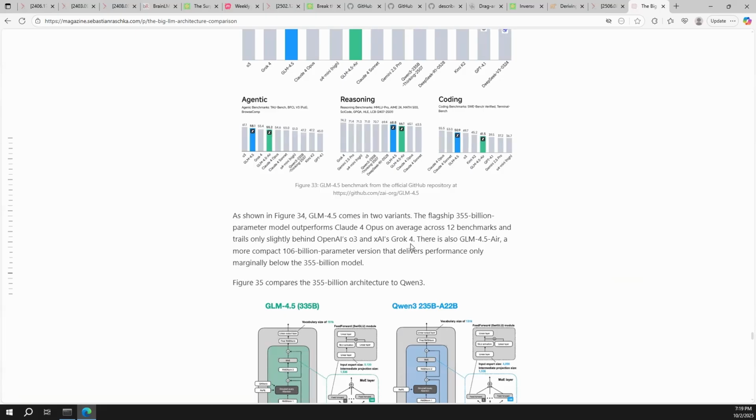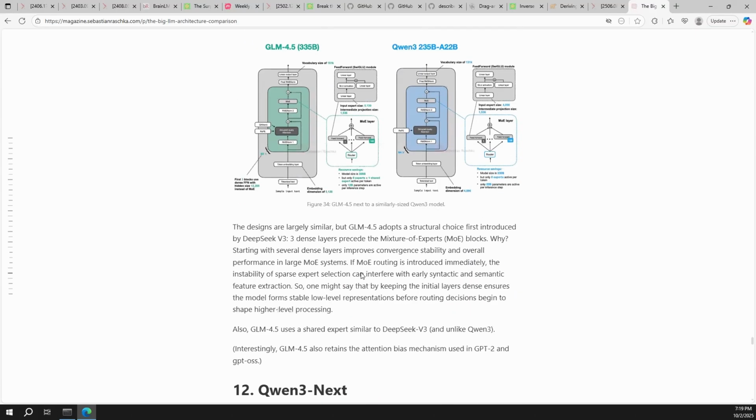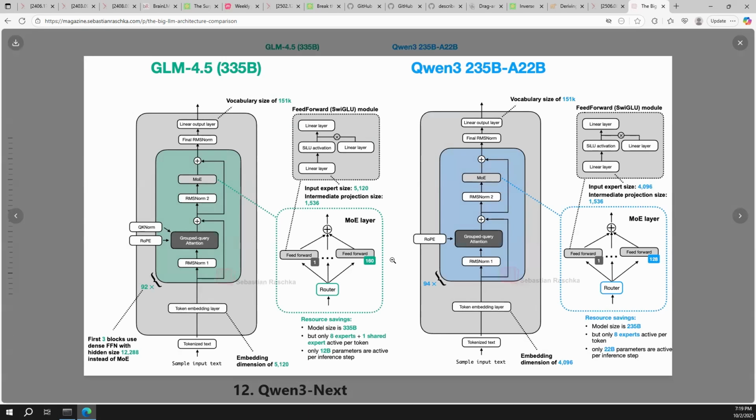Slightly behind O3 and Grok 4. And then their smaller 4.5 Air is 106 billion parameters. That is pretty close to their full-sized model. So let's take a quick peek at the architecture.